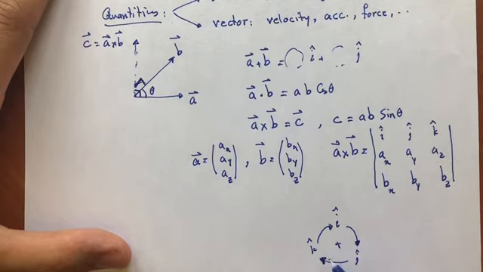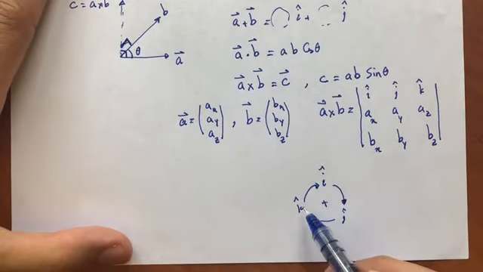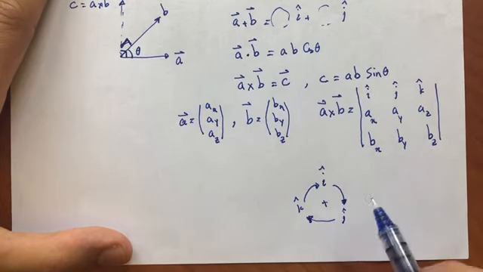If you go in the opposite direction, then you're going to have a negative. For example, i cross k is going to be negative j. k cross j is going to be negative i. And likewise, j cross i is going to be negative k.